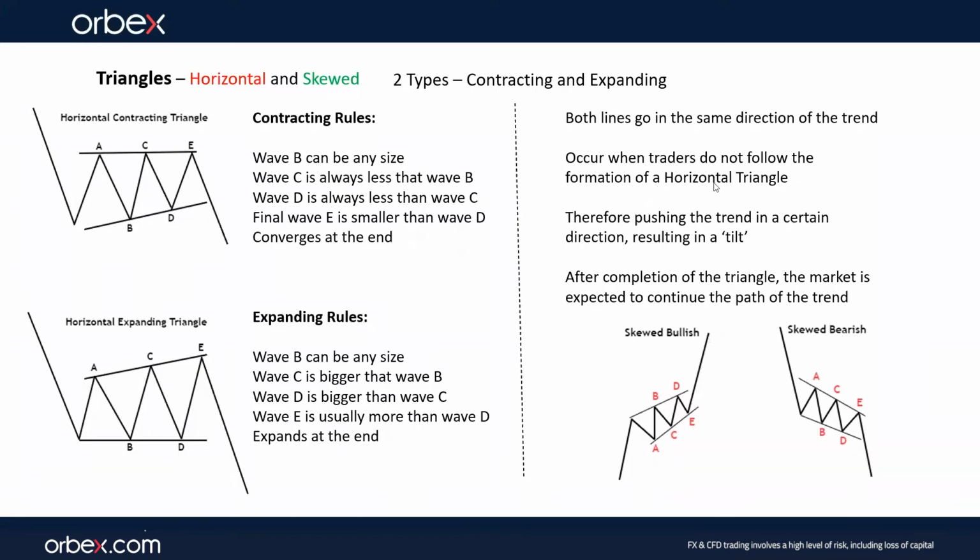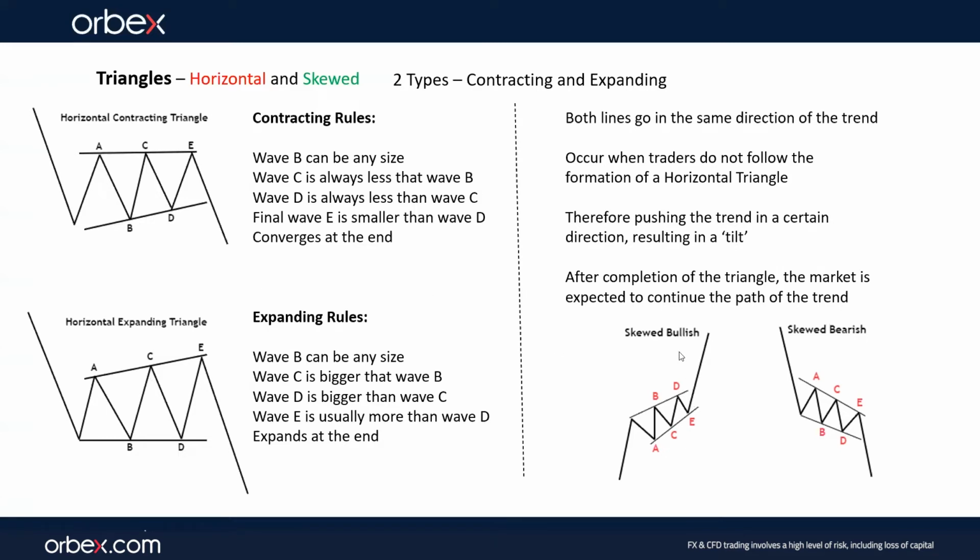So this occurs when traders do not follow the formation of a horizontal triangle. This basically means that there's more buyers in the market here, and there's more sellers in the market for the downturn as well, therefore pushing the trend in a certain direction, resulting in a tilt. As you can see here, in this particular horizontal contracting triangle, there's probably a few more buyers and sellers, because the market is still moving a little bit higher until it gets to the final wave E and then moves lower.